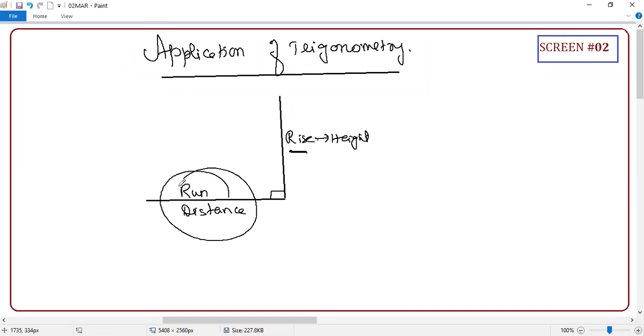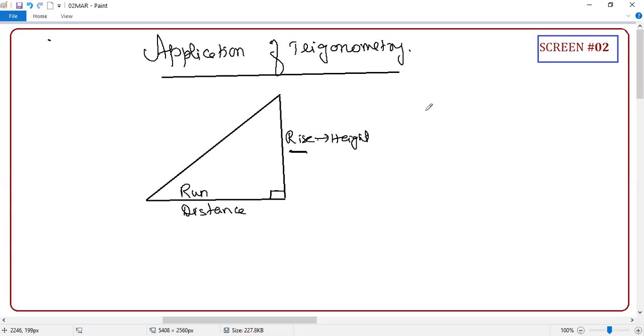So how are you going to find these heights and distances, guys? If you join these two lines, you are getting what? A right angle triangle. So that's a magic story. Anything can be converted into a right angle triangle. You can apply Pythagoras theorem as well as trigonometric ratios.